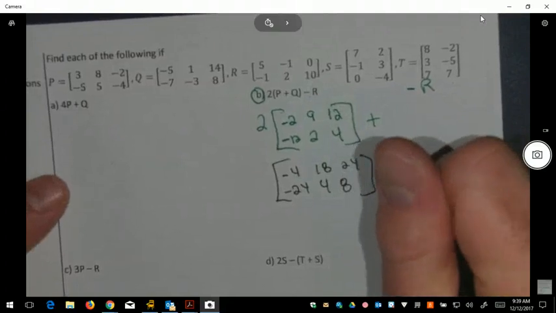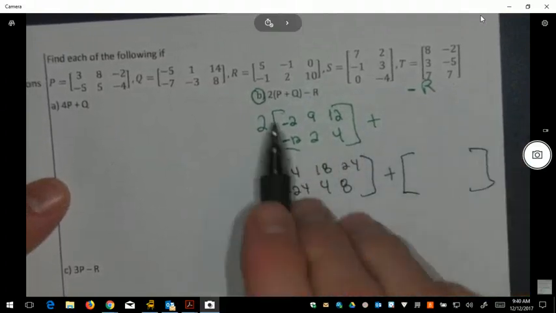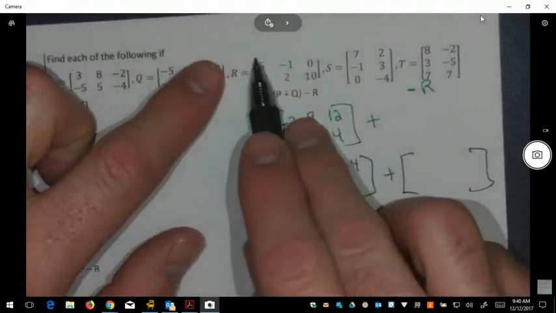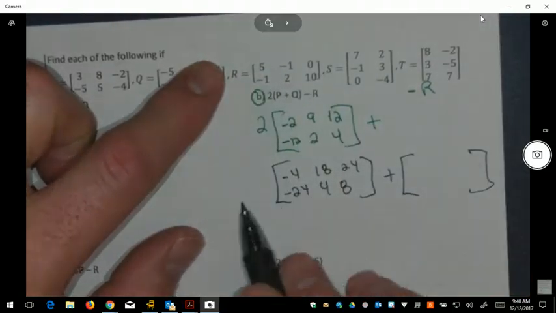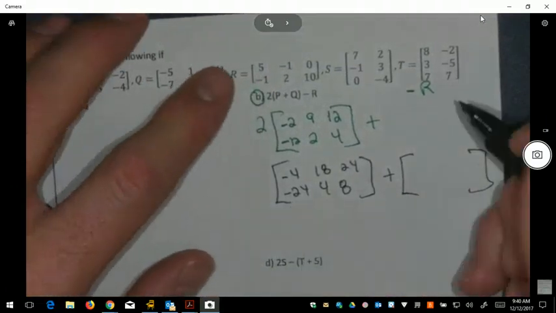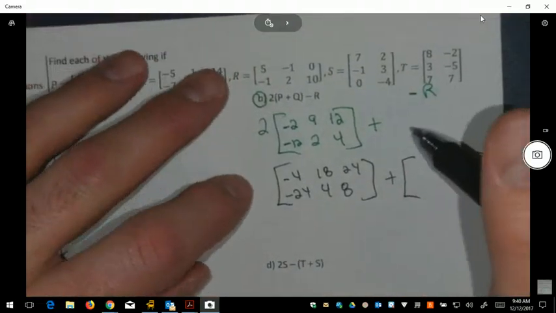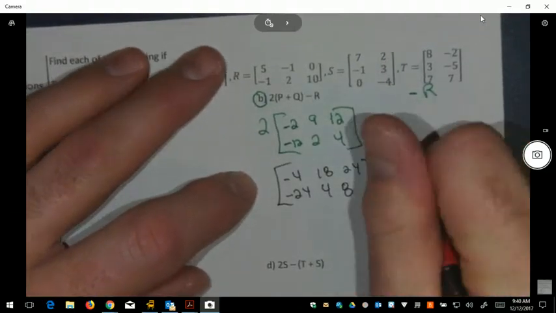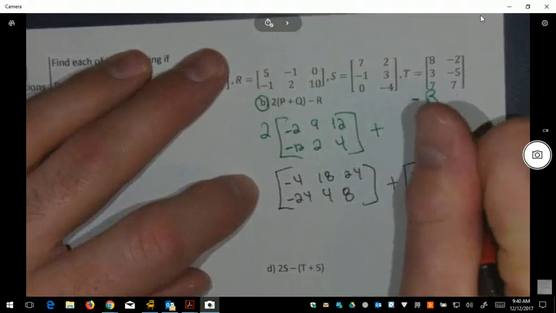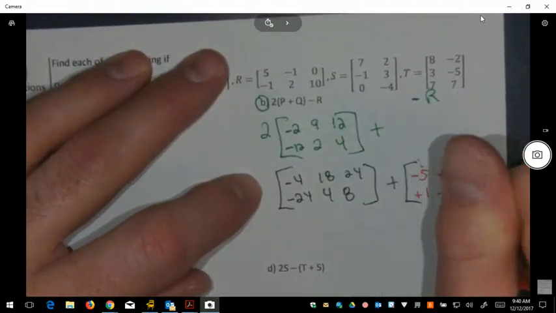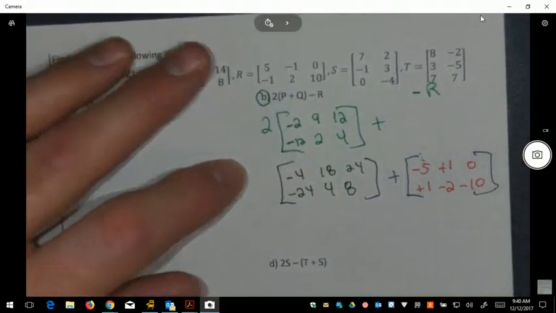Now we're going to add to that the opposite of matrix R. Matrix R is right here. This might not be possible, but it is because it's also a 2 by 3. Since all of those are 2 by 3s, this whole thing is possible. So we're going to do the opposite of 5, +1, 0, the opposite of -1, the opposite of 2, the opposite of 10.